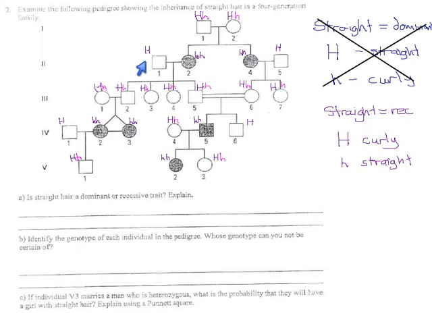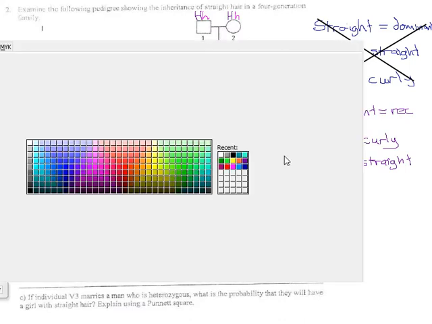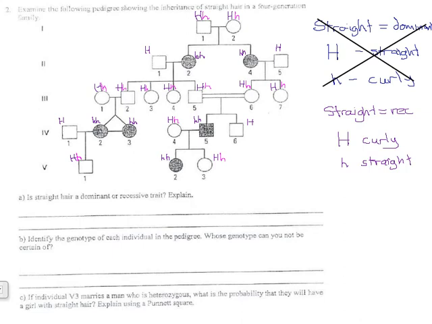Now, I want to say, I'm going to switch colors for this. She contributes little h to all of her kids, and so we're not surprised to see h's there.